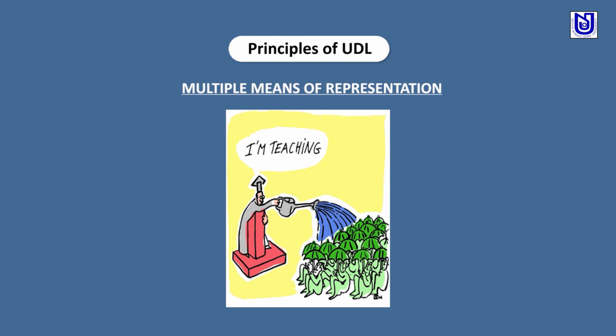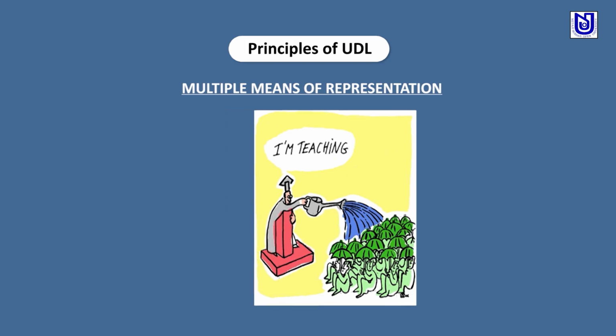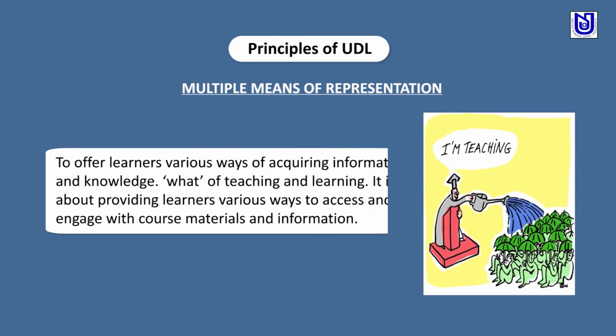Here comes this multiple means of representation, to offer learners various ways of acquiring information and knowledge, that is the what of learning. That means you are going to present your content in multiple ways.